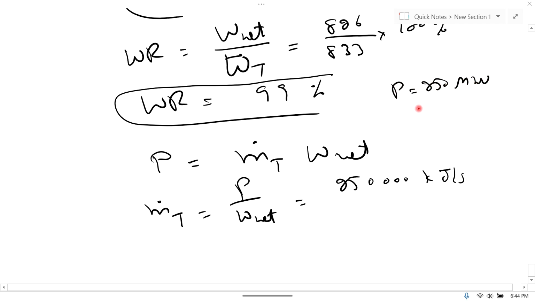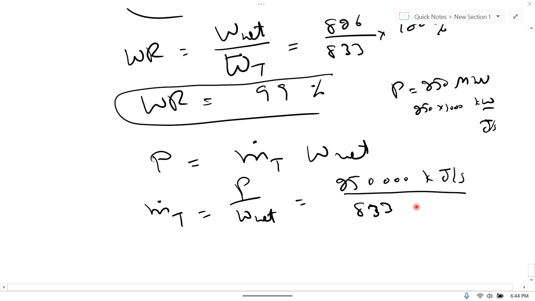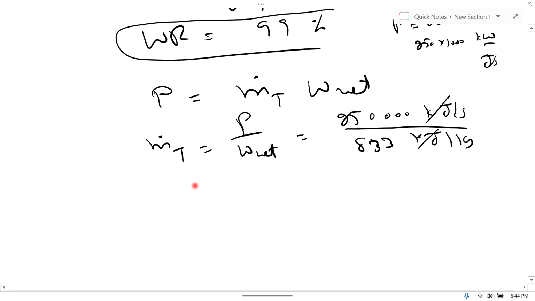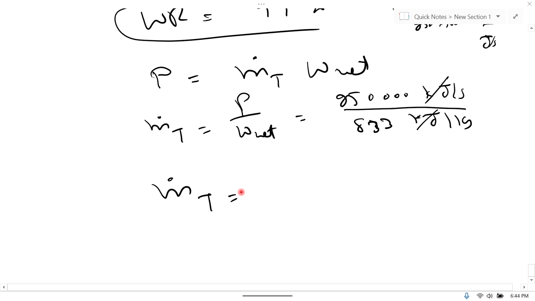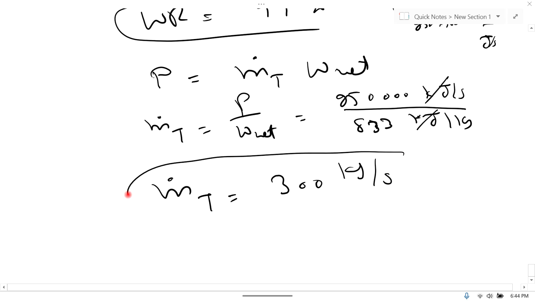We can write this as 250 multiplied by 1000 kilowatt, and watt is equal to joule per second. So this is equal to 250,000 kilojoule per second, and net work is equal to 833 kilojoule per kilogram. This kilojoule will be cancelled with kilojoule, m dot t is equal to 300 kilogram per second. And this is the end of problem 2.10.